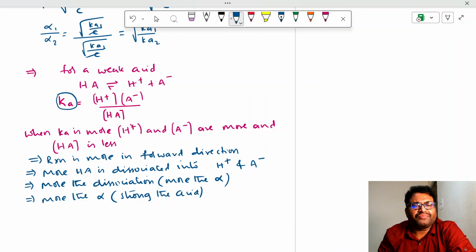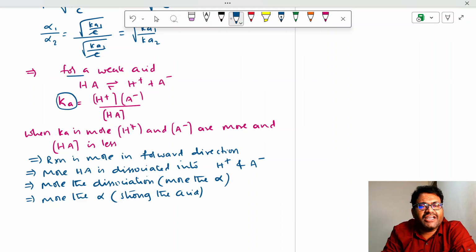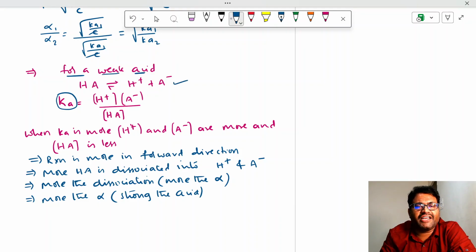So this is for a weak acid. For this weak acid, Ka is written in this way. What does more Ka represent? More H plus and more A minus and less HA.